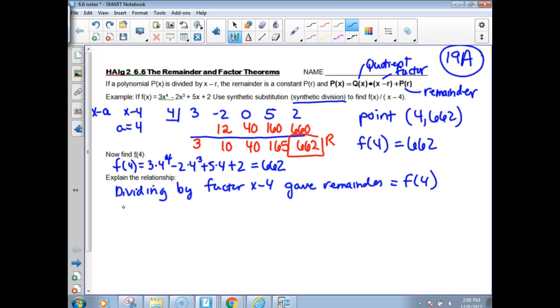In general, this is always true. The remainder, when dividing by x minus a, gives you the f of a.